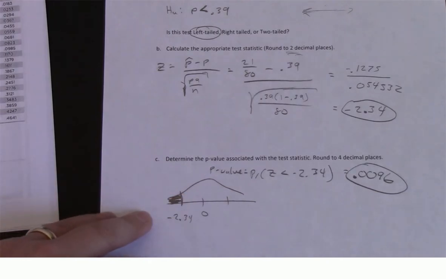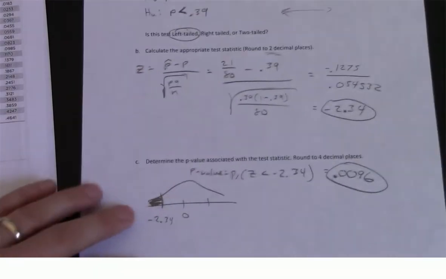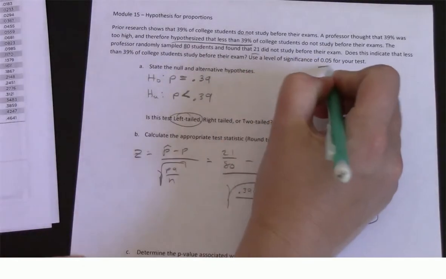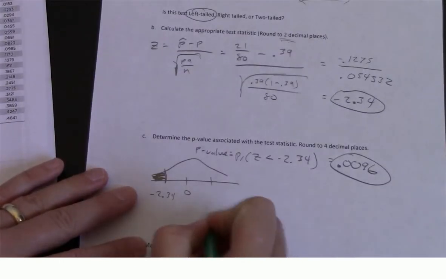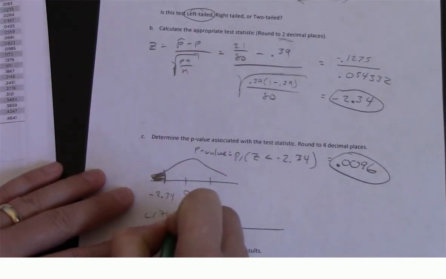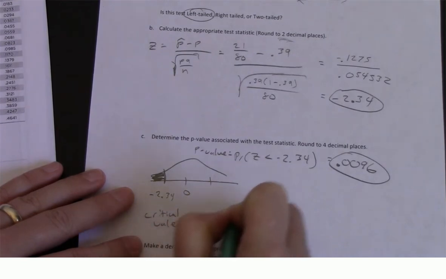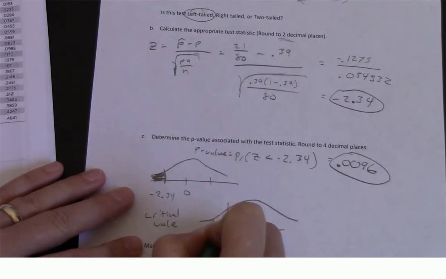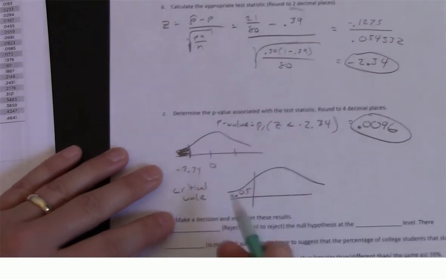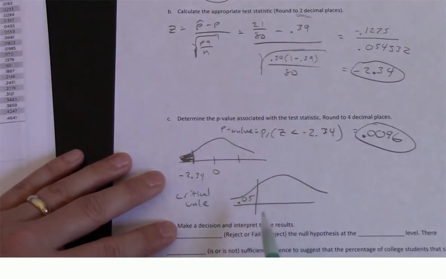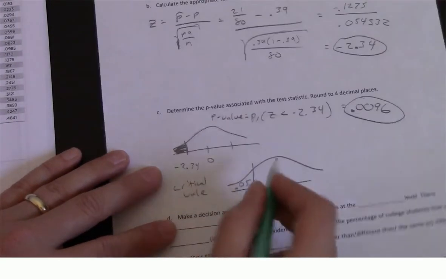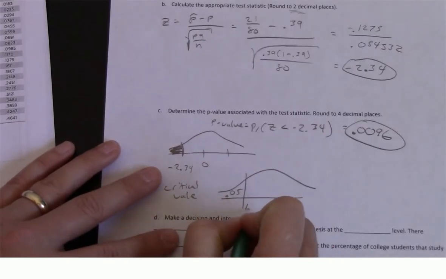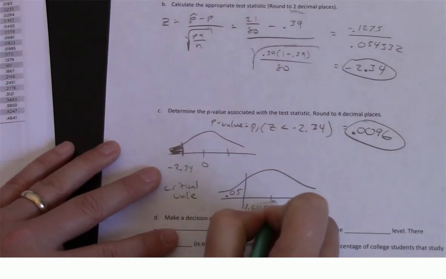All right. In this example, if we had to do critical values, we would put all of our significance level alpha on the lower tail, left tail test. We'd figure out what this value is, that cutoff. 1.645.